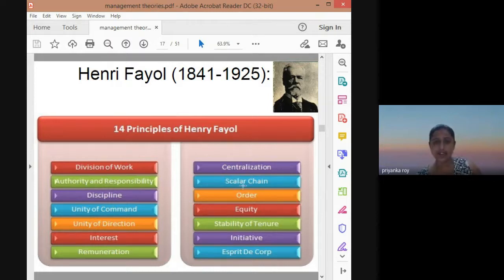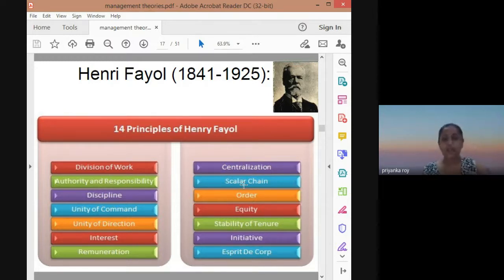The scalar chain principle says that there should be a chain of supervision from top to bottom management, through which communication generally flows from top to bottom. He emphasized that there is no hard rule regarding the communication process through the chain of command.